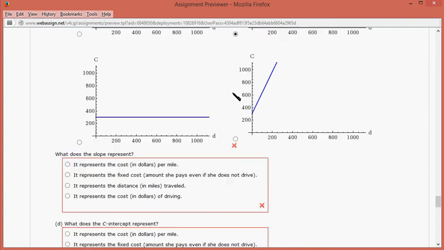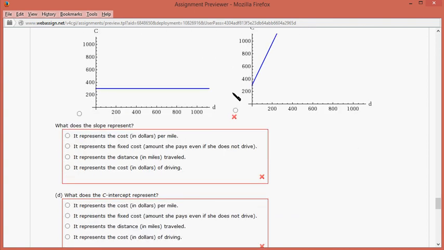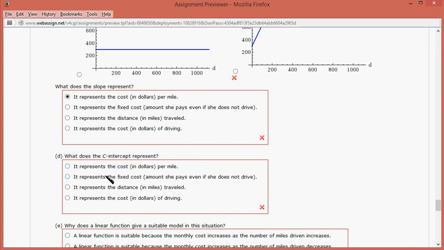What does the slope represent? It represents the cost in dollars per mile. And the C-intercept represents the fixed cost.